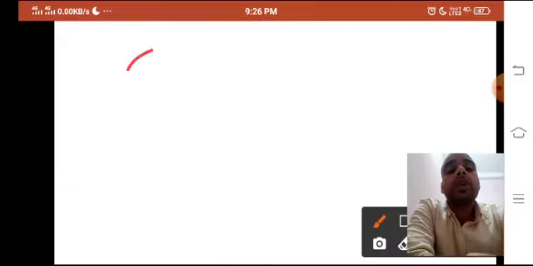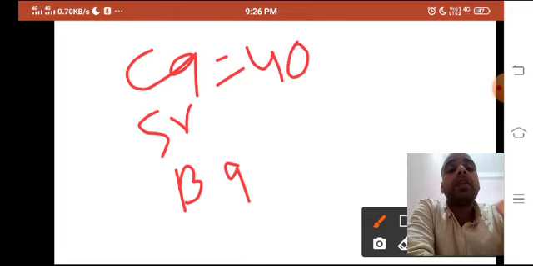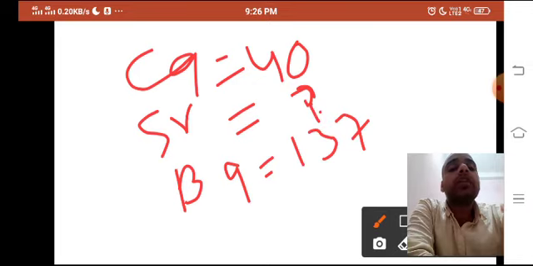So here we will solve this question. Calcium, strontium, barium. Calcium atomic mass 40, barium atomic mass 137. You have to calculate the question mark. How will you calculate that one?